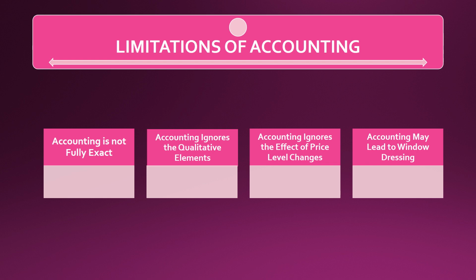So the first one is, accounting is not fully exact. Means accounting is not completely free from personal bias or judgment. Although it is said that transactions are recorded on the basis of some documentary evidence, yes, no financial transaction is recorded without any evidence.